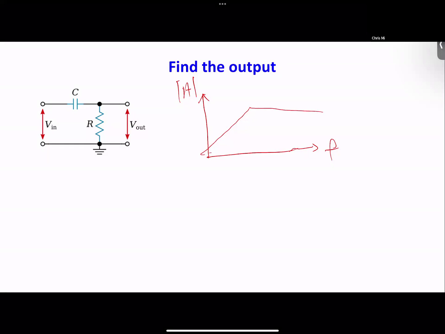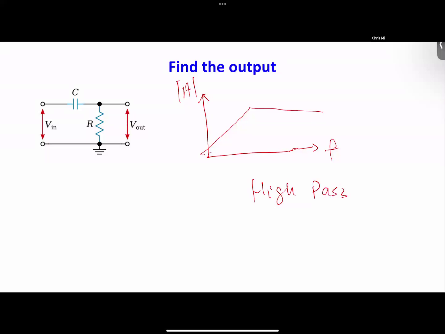Everything drops on the capacitor. As the frequency increases, the output starts to increase, and when omega is big enough, you don't care anymore because the drop on the resistance is so small. So then you get enough output. So this is a high pass.